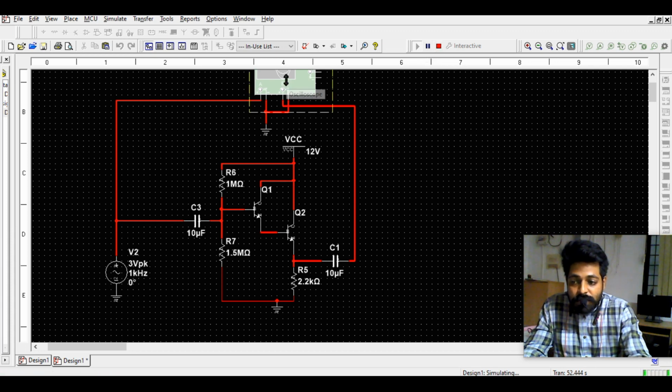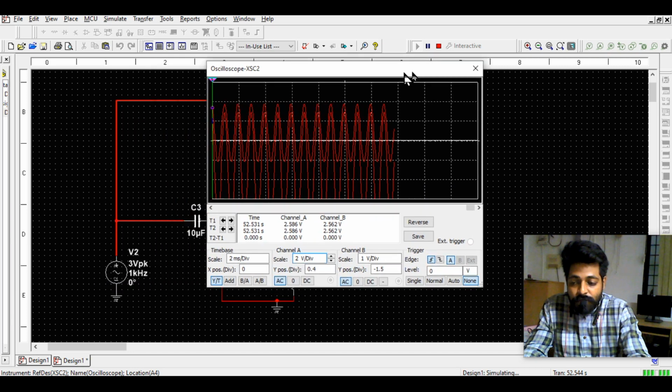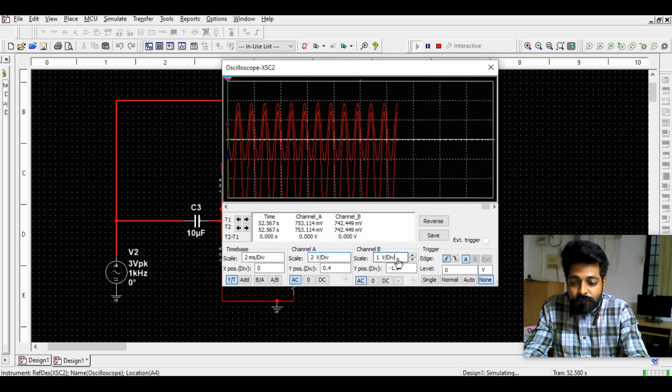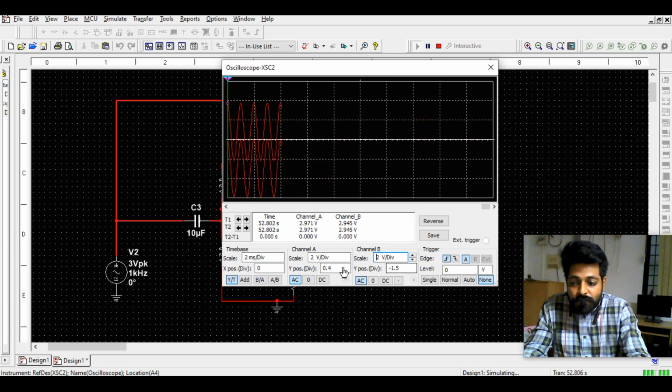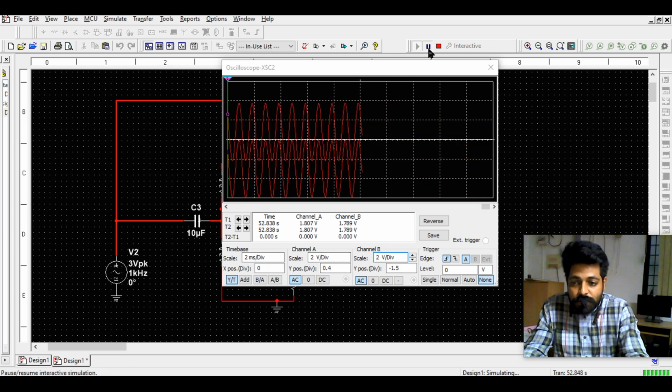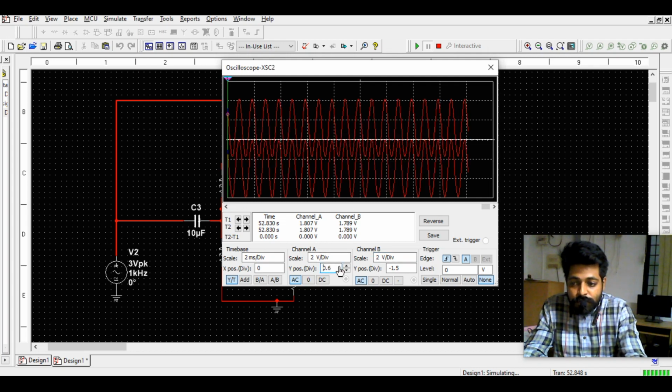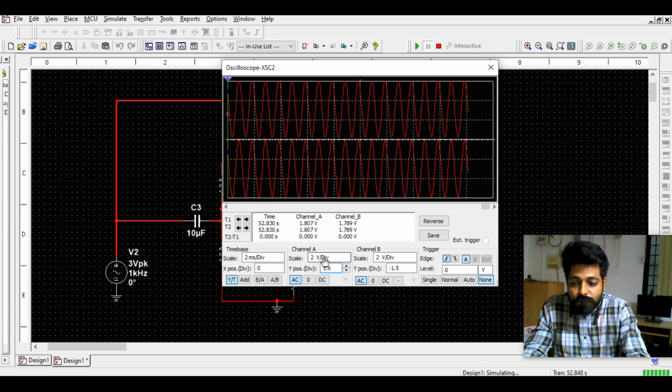So if I simulate it, 2 volts per division times 3 divisions is around 6 volts, so peak to peak is around 6 volts.